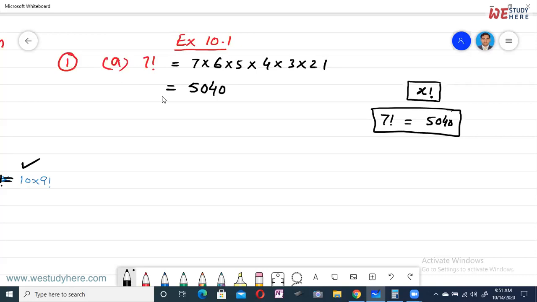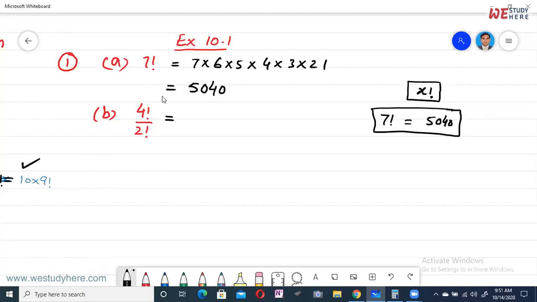Then part B here is 4 factorial divided by 2 factorial. In this type of question, you check the denominator and the numerator, and the greater one you need to expand.